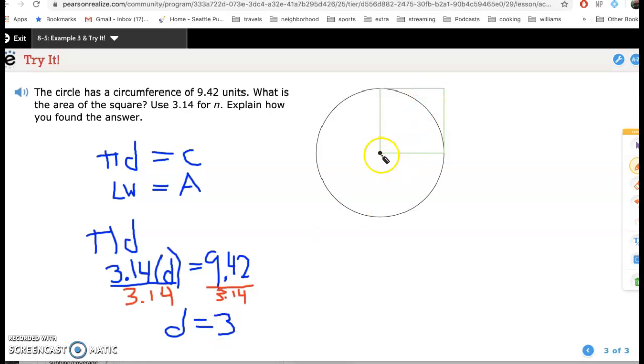Of course, d is from a line through the center all the way to the other side. But we don't need that much, right? How much do we need? We just need to know this, which is circumference. Radius.